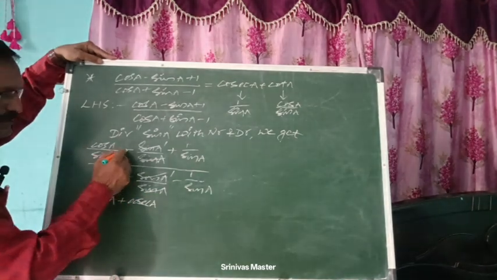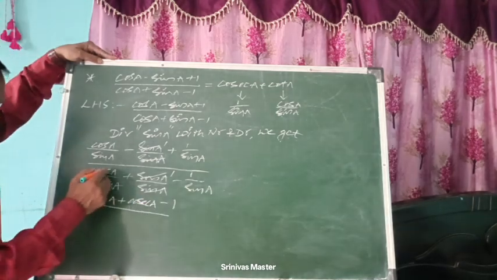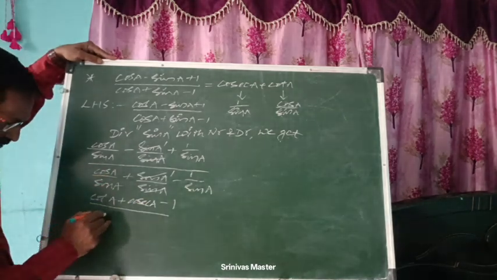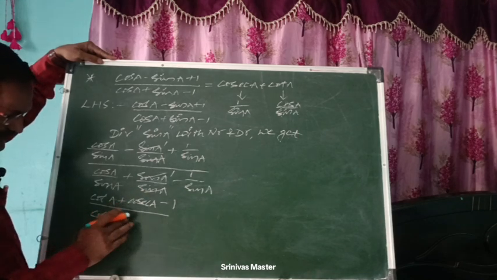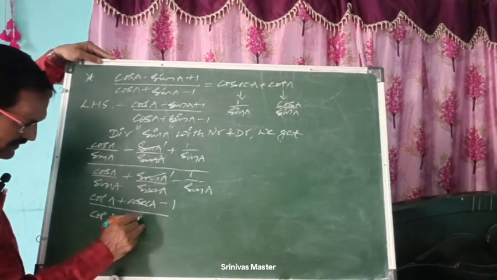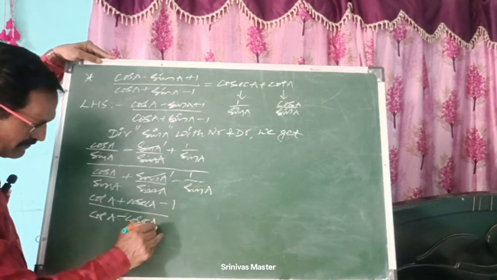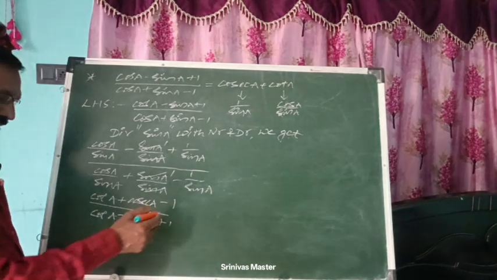In the denominator also, cos a by sin a means cot a, and minus 1 by sin a means minus cosec a. The constant I wrote at last: plus 1.